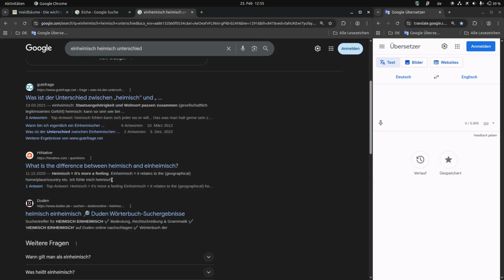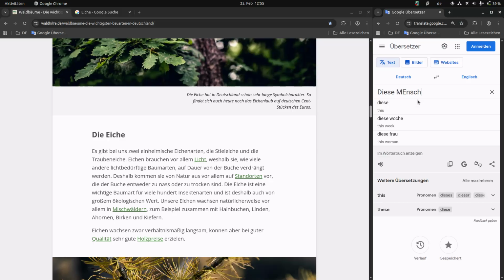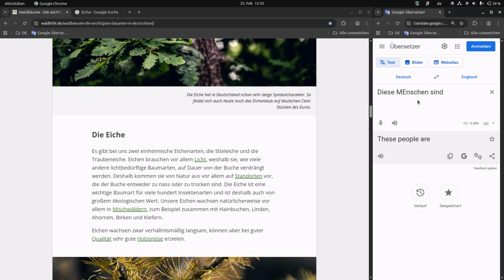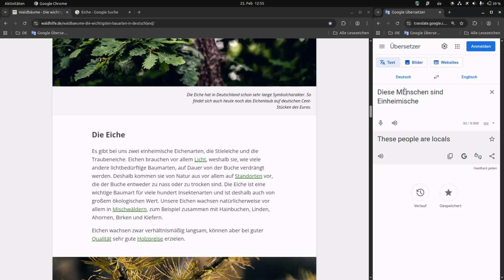Ich fühle mich heimisch. Yeah, you wouldn't say that in certain circumstances. You could say people are native to in English, but in German it makes a difference. For example, diese Menschen sind, I mean, it's a derived word, but einheimische Menschen.